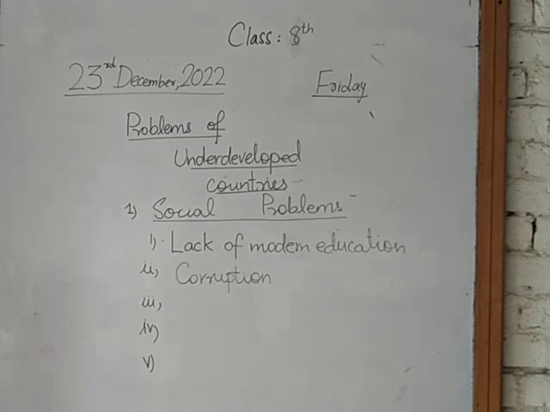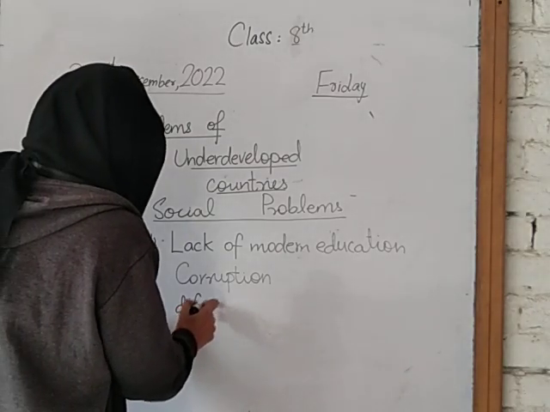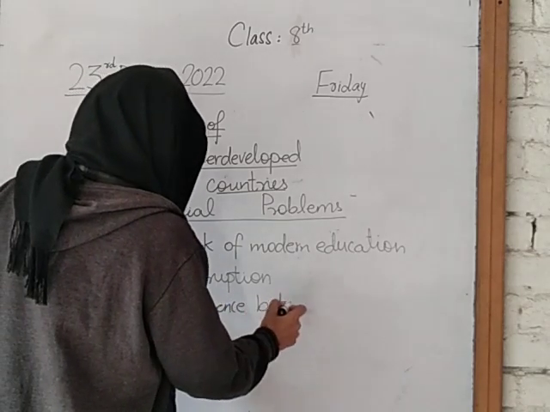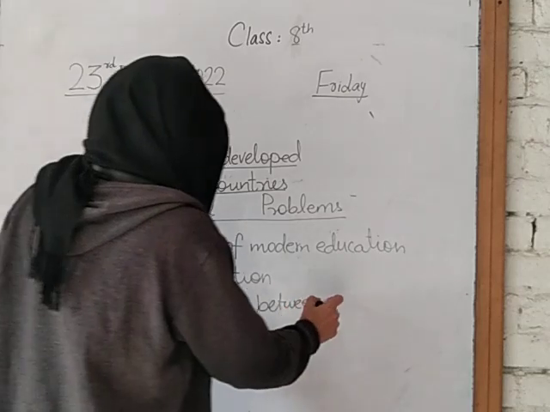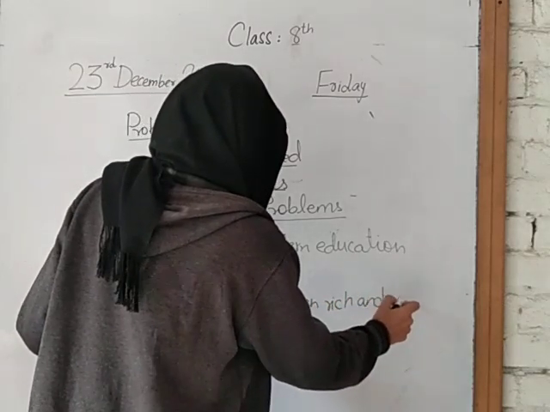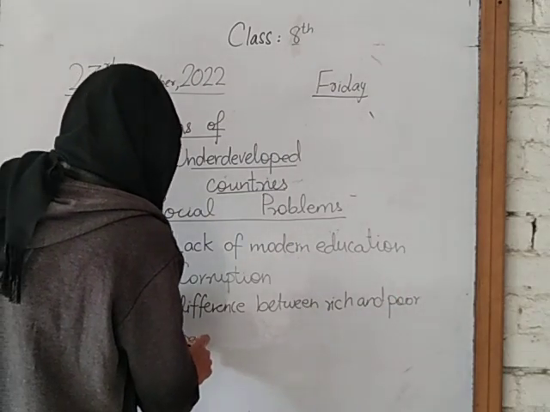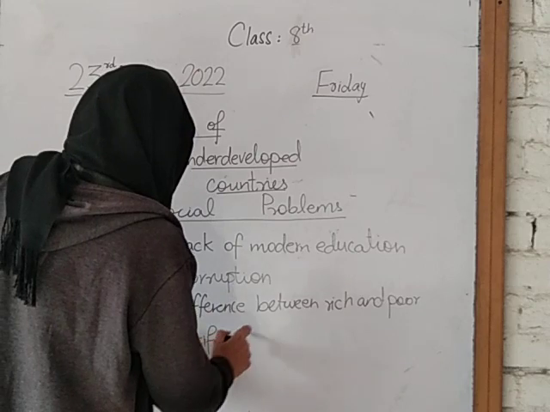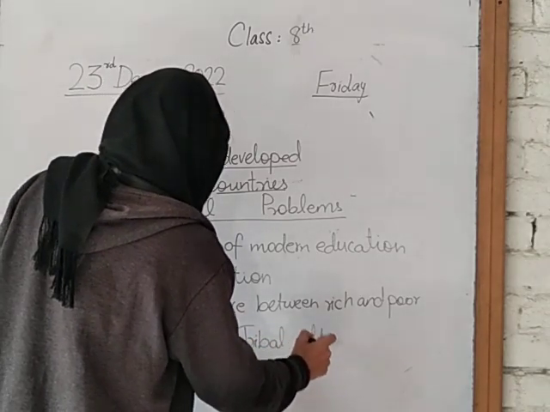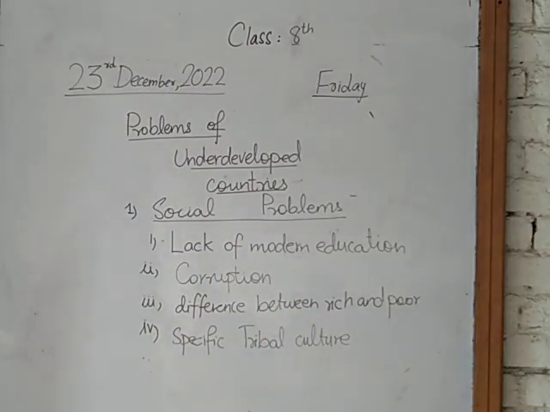So the third problem is the difference between rich and poor.